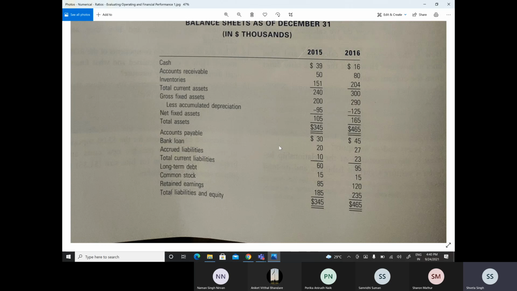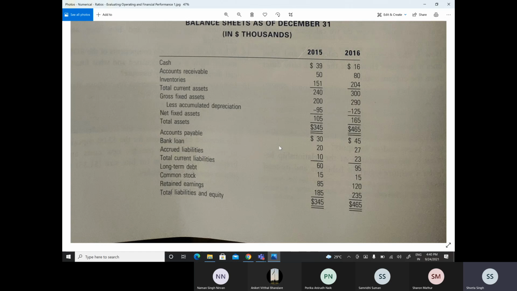To this, we add the gross fixed assets less accumulated depreciation, that is 105,000, to get total assets value of $345,000.